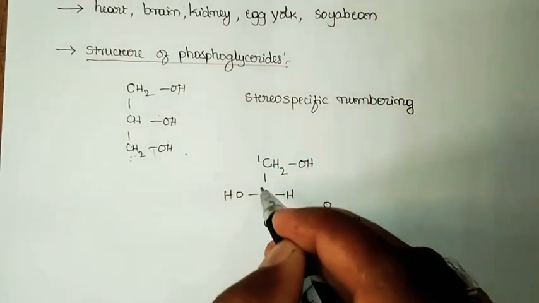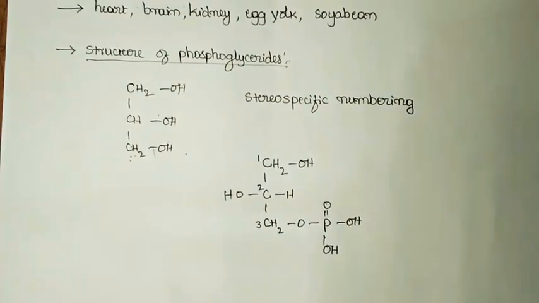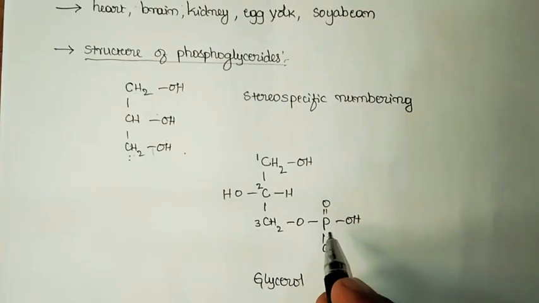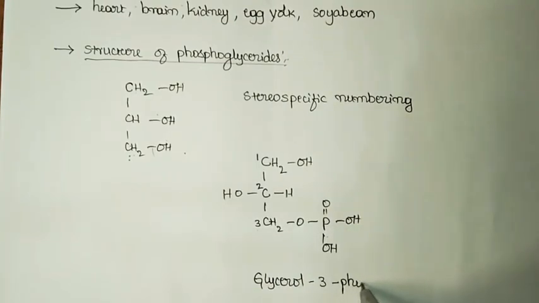Here we give the numbers 1, 2 and 3. The phosphate group is present at the third position, where phosphorylation has occurred, so we call it glycerol 3-phosphate.